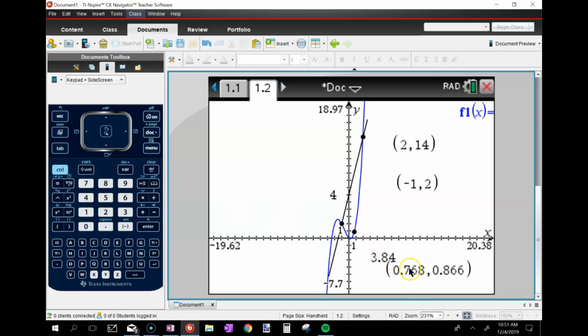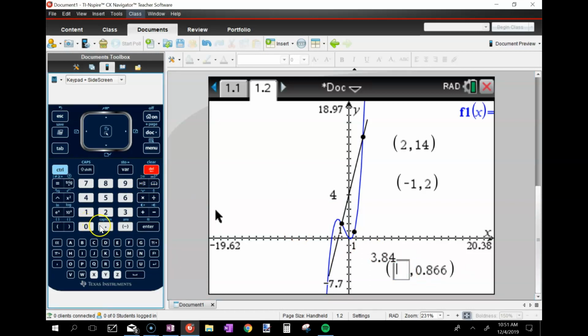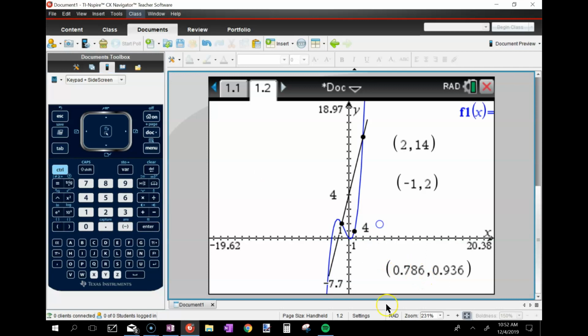What was that number again? 0.7863. And when I change it, that also changes to be 4. Okay? So there you see a perfect visual of the theorem, right? And it makes sense, doesn't it? It would be crazy to think that it doesn't happen, so it has to happen. And there you see it.